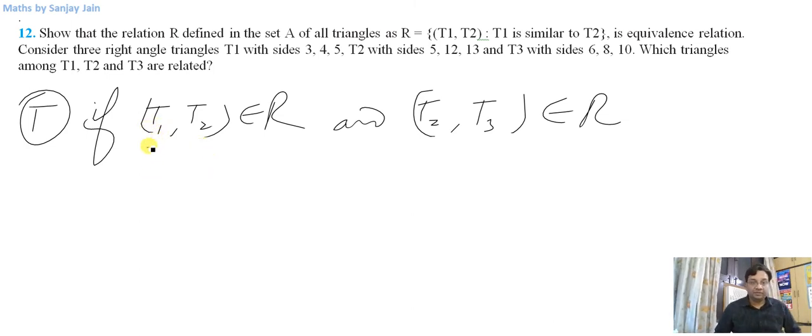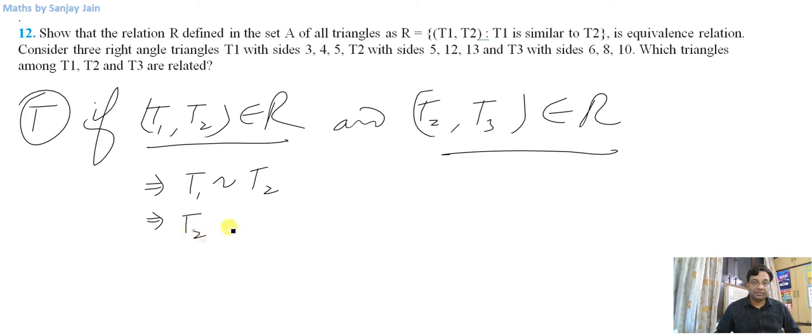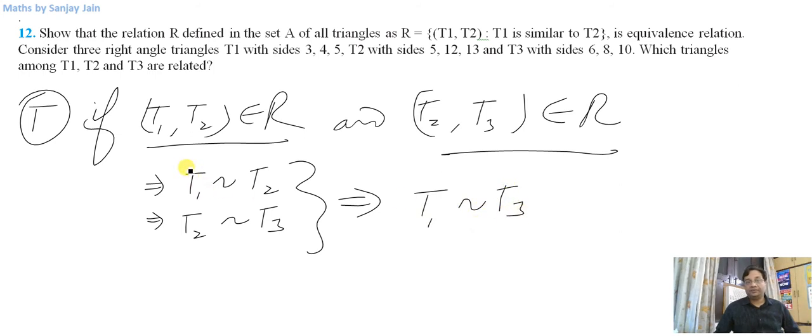So (T1, T2) belonging to R implies that T1 is similar to T2. This implies that T2 is similar to T3, and these two imply that T1 is similar to T3. If a triangle T1 is similar to T2, and T2 is similar to T3, that implies that T1 is similar to T3. This is something that we know from the property of similarity, from the chapter of similarity, right?